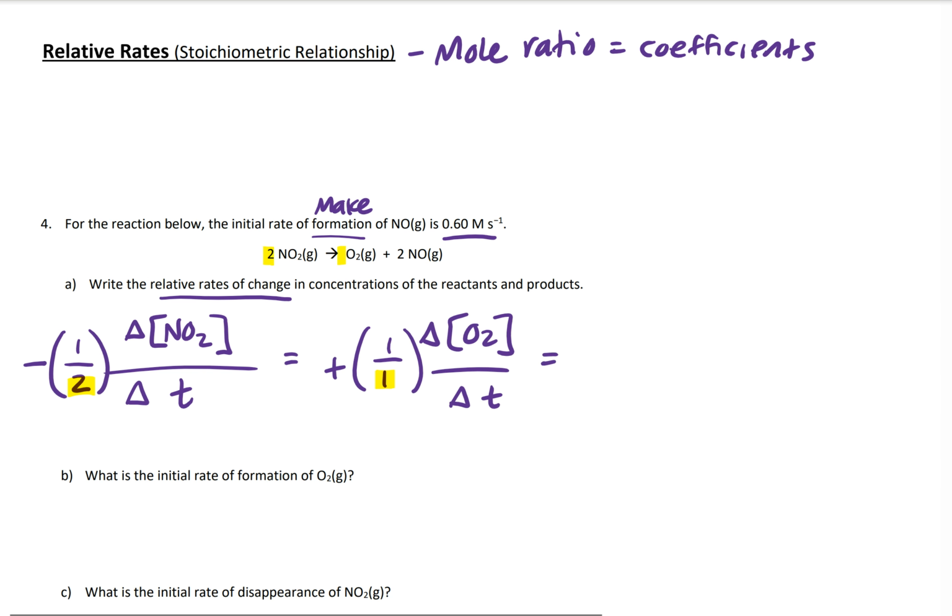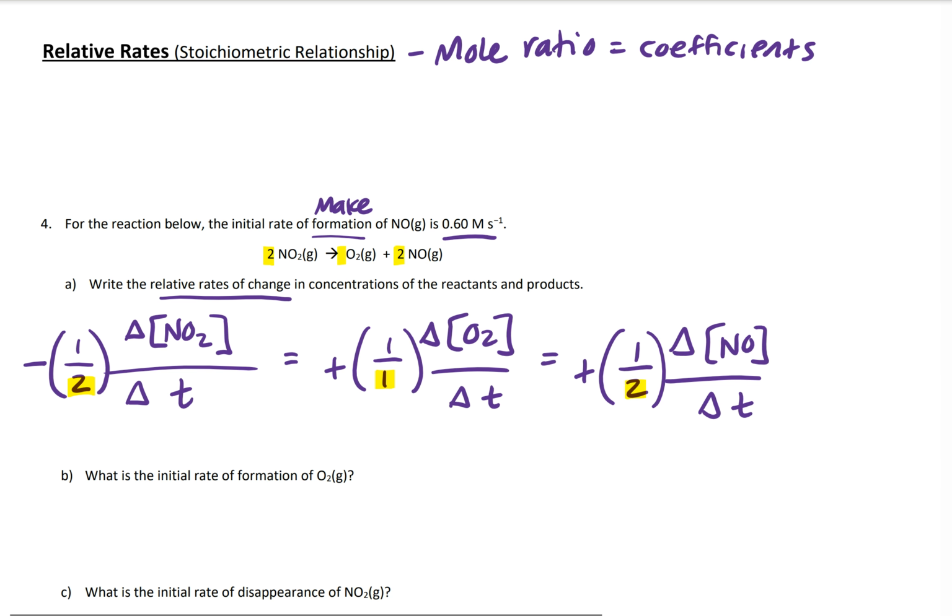Repeat for your last product, change in concentration of NO over change in time. A plus sign because it is a product. And then the fraction is going to be 1 over 2 because the coefficient of NO is 2, so the denominator is 2.